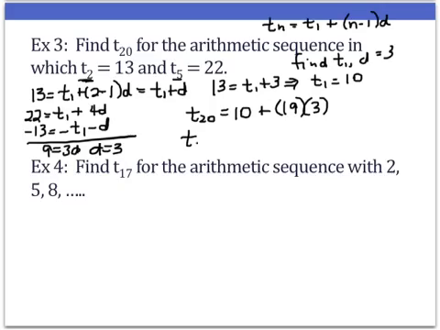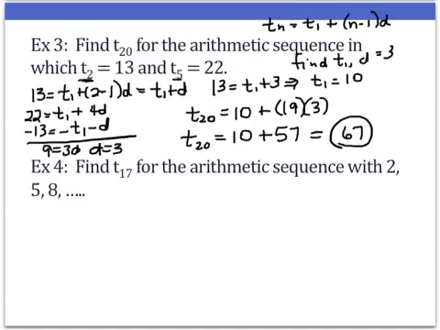And so our 20th term is 10 plus 48. Nope, 57. And so our 20th term is 67. So sometimes you have to use this formula twice and set it up as a system of equations to be able to solve it.